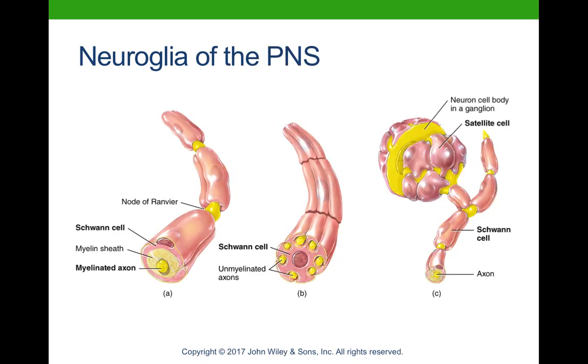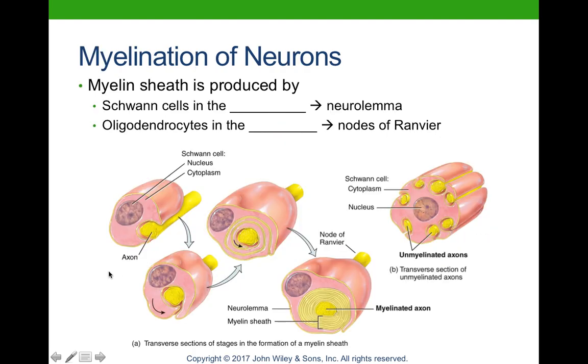Here are the neuroglia of the peripheral nervous system, the Schwann cell and the myelinated axons. Myelination of neurons: myelin sheaths are a multi-layered lipid and protein covering surrounding the axons of most neurons.